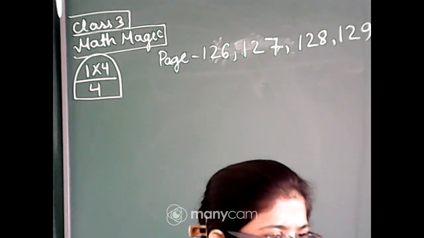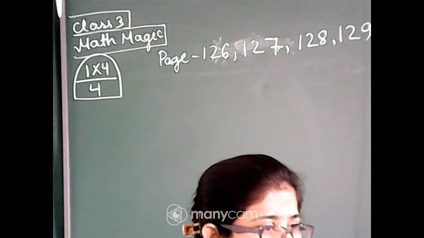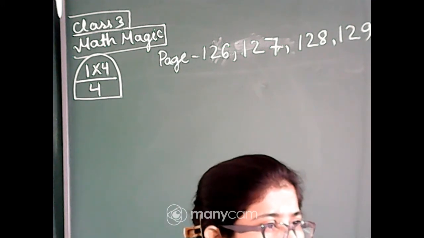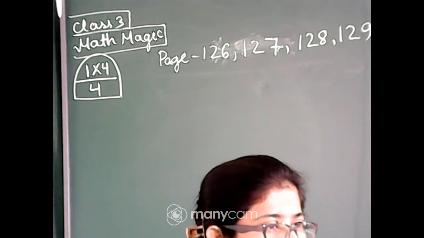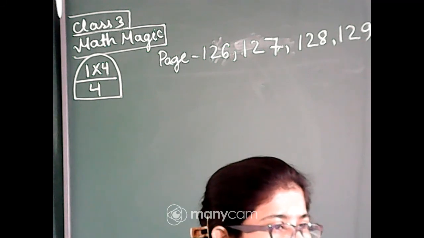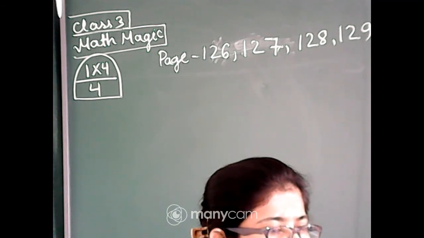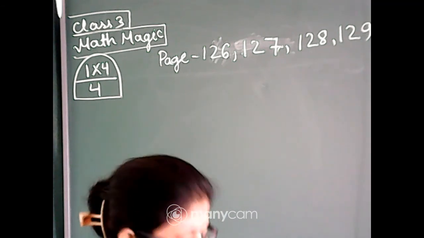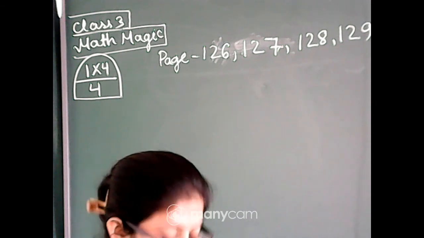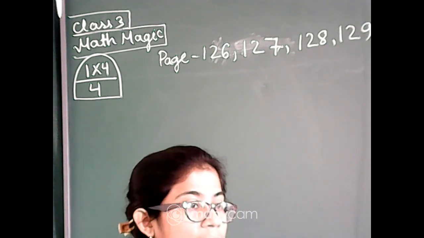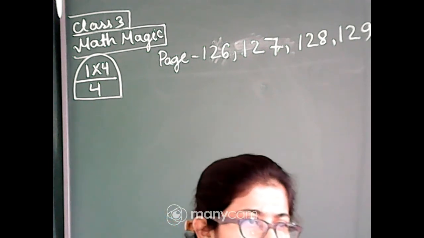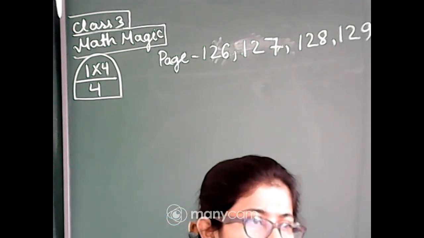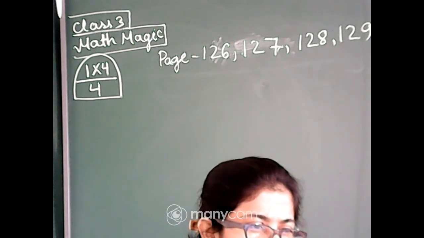Aditi Singh, page number 127. 3 ones are 3, 3 twos are 6, 3 threes are 9, 3 fours are 12, 15, 18, 24, 27. Is it 24? 3 eights are, Aditi Singh, look at page number 127. 3 eights are 24. You have written 21. So correct this one. Okay?